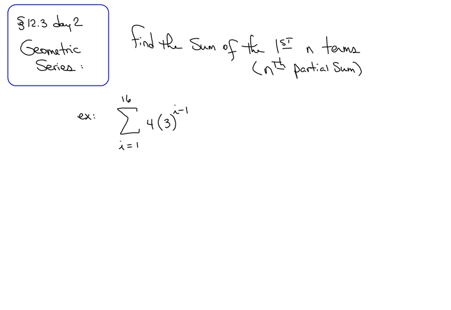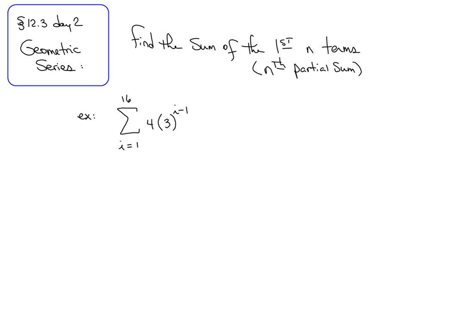This is going to be a geometric series. The reason you know it's going to be a geometric series is because it has that a1 times r to the n minus 1 structure to it. Does everybody see that? When you have a number that's being raised to your i or your n or whatever as a power, then that's typically going to be one of your geometric series.